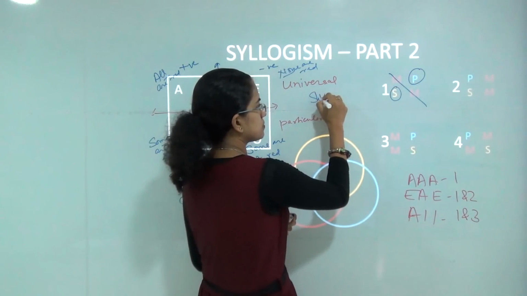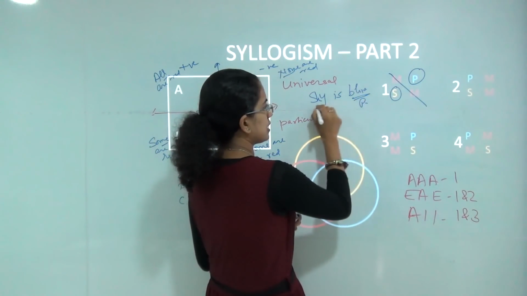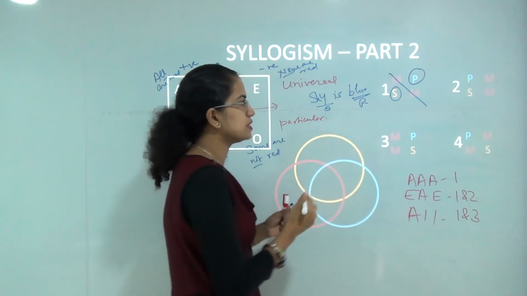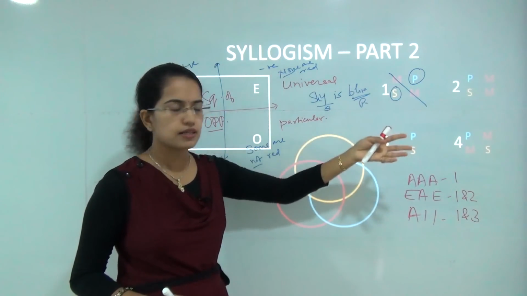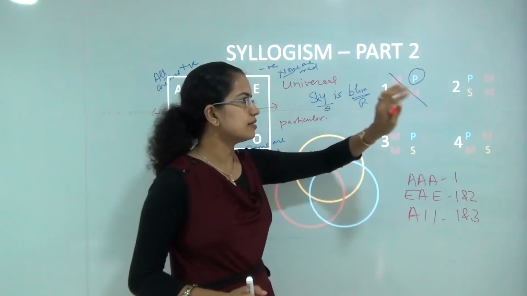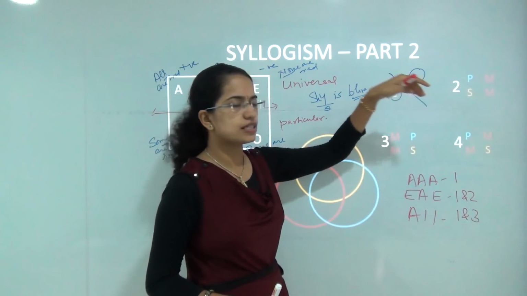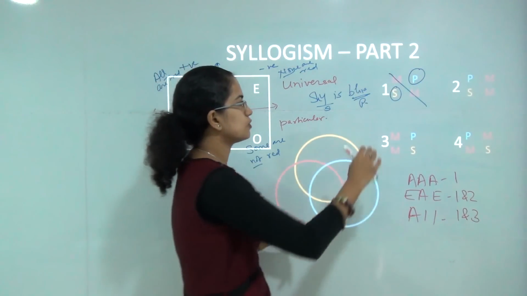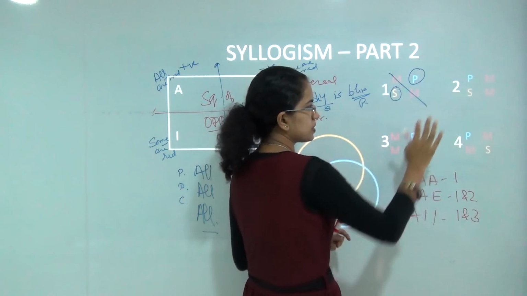So in "sky is blue," blue is the predicate and the sky is the subject. The subject is the minor term which comes from the minor premise. The predicate that comes towards the end in the conclusion is the major term, and that major term forms the major premise. So we have four possible arrangements for this.